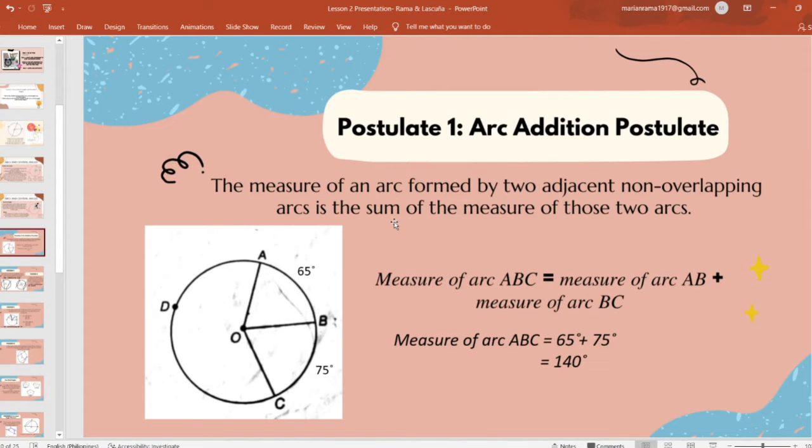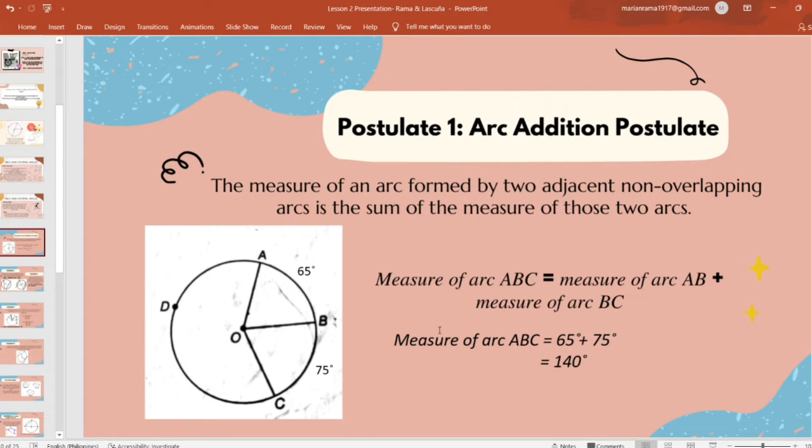For postulate 1, we have the arc addition postulate. It means that the measure of an arc formed by 2 adjacent non-overlapping arcs is the sum of the measures of those 2 arcs. As you can see, we have arc AB and arc BC. For example, we have a given measurement: arc AB is 65 degrees and arc BC is 75 degrees.